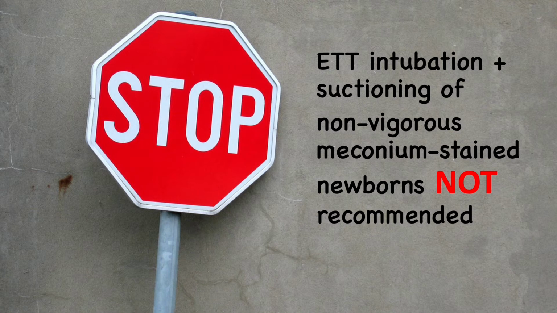The most recent guidelines, 2020 and 21 guidelines, recommend that this is not good practice, that routine intubation and immediate suctioning of non-vigorous newborns is not recommended. The reason for this is that the intubation and suctioning process delays ventilations, and what is life-saving for non-vigorous infants is bag mask ventilation.